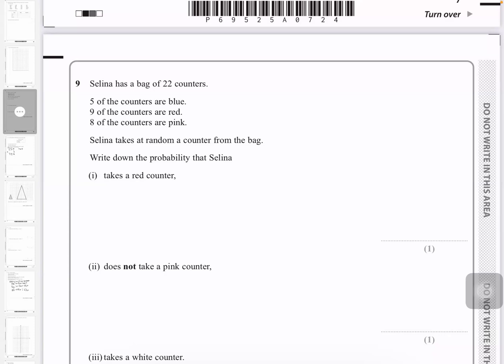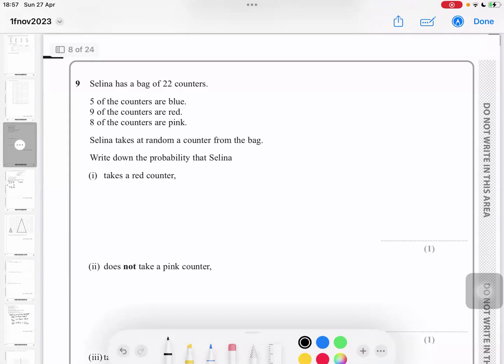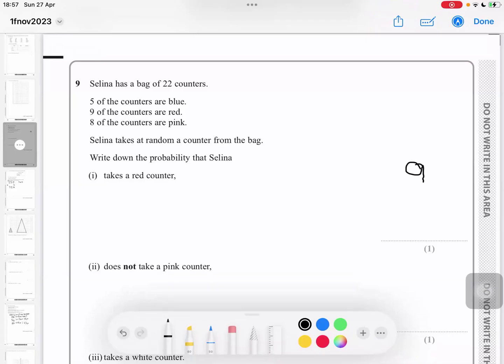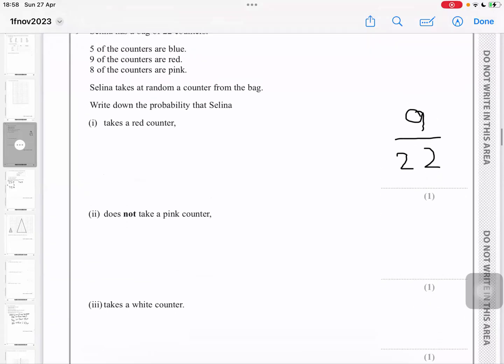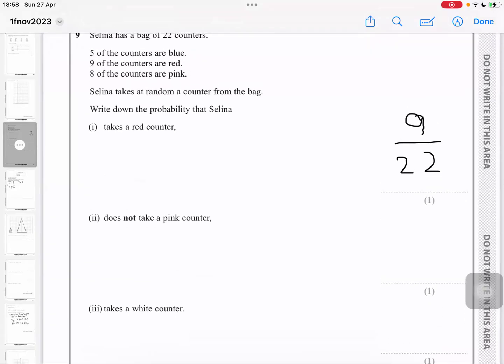Do you remember that short class that we had about probability of picking things from a bag? Yes. Okay, so you want to show me you remember? What's the probability of picking a red counter out of the bag of 22 counters? 9/22.